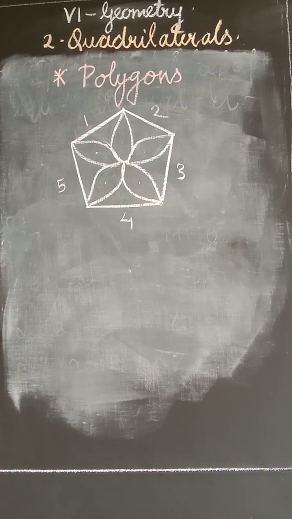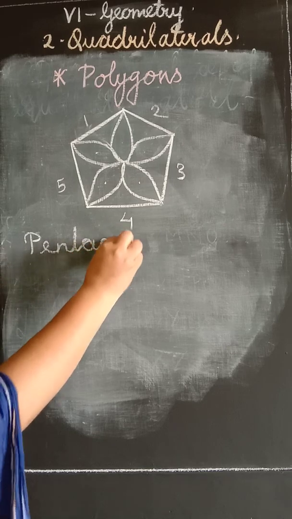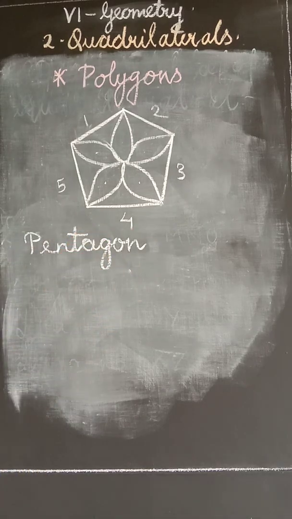Okay, so this closed figure with 5 line segments is called pentagon. What is this figure called? Pentagon. Yes, so the closed figure having 5 sides is called pentagon.